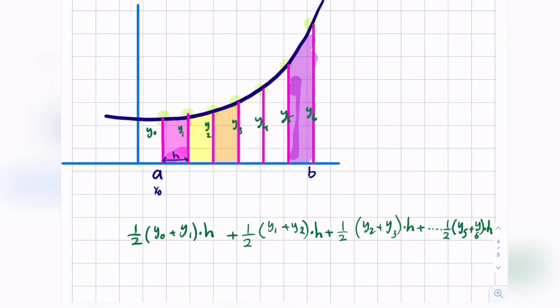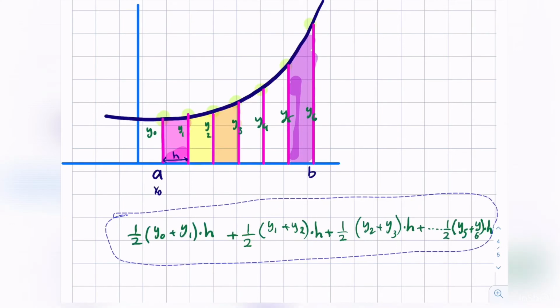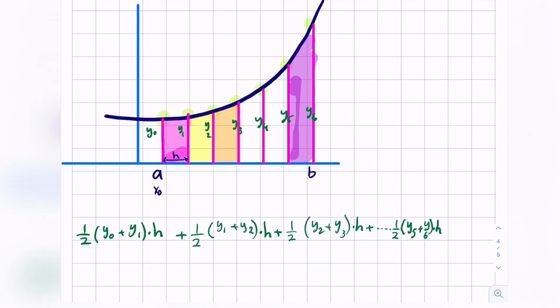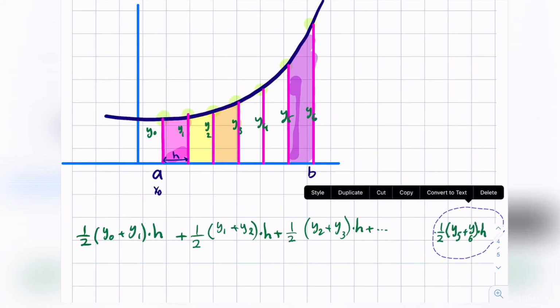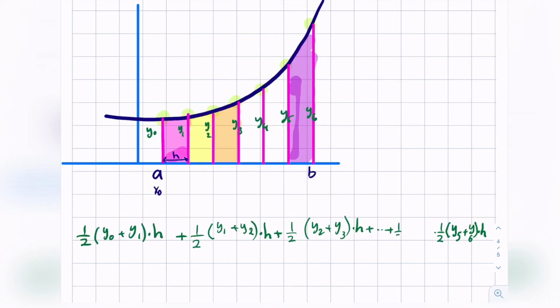And the one before this as well, so plus 1/2, then y4 plus y5 times h.